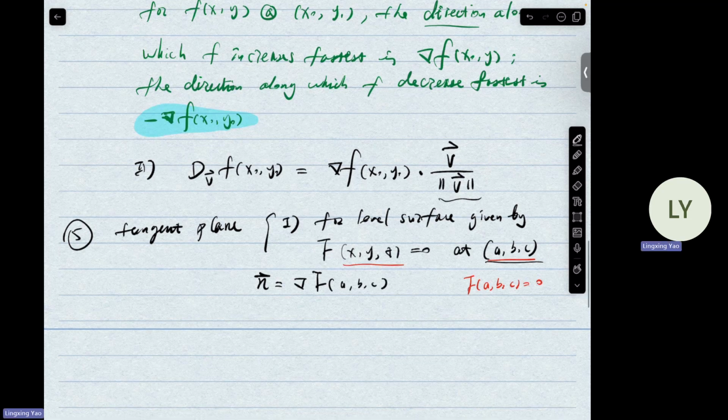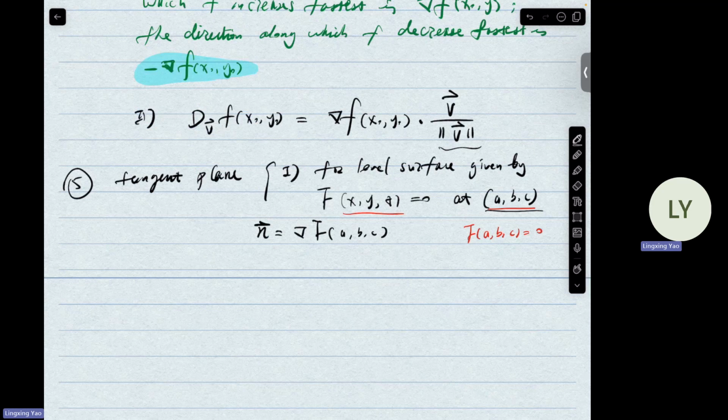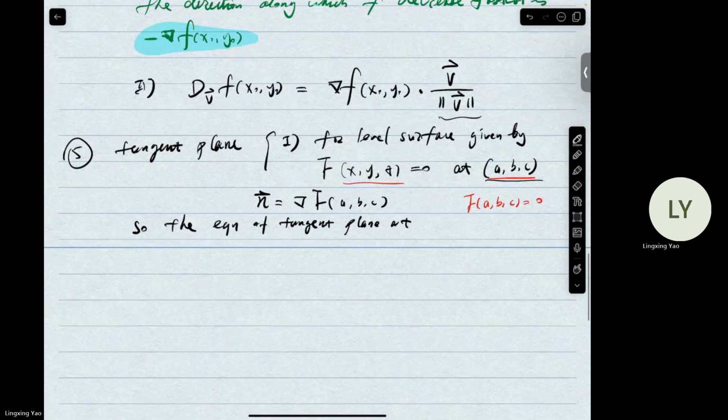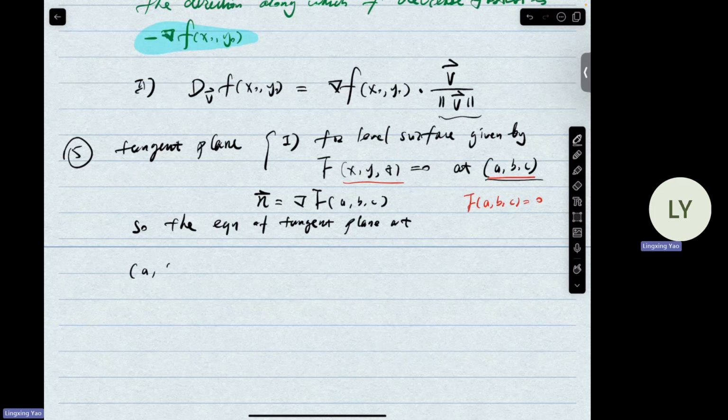All right, so the equation of tangent plane at the point A, B, C is, then we use this normal vector.